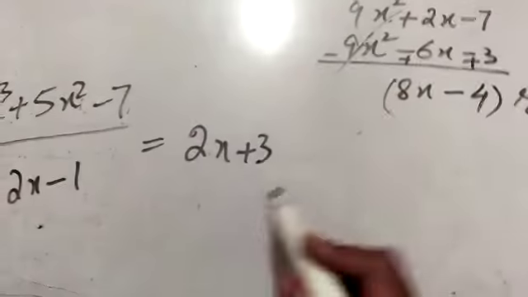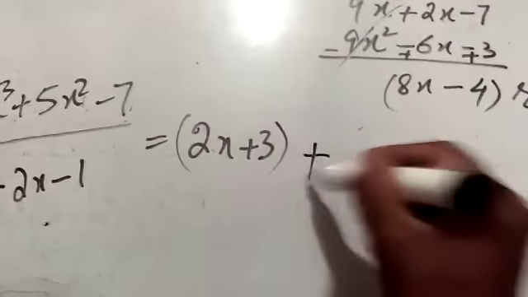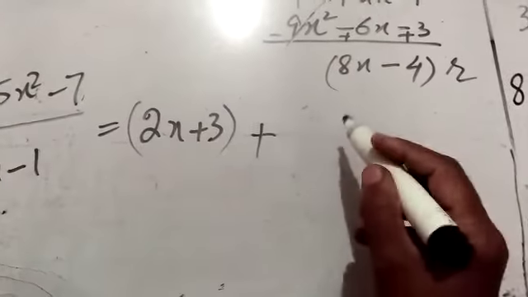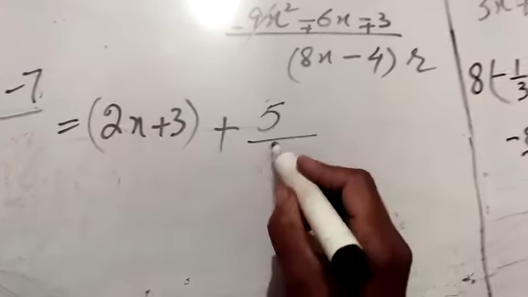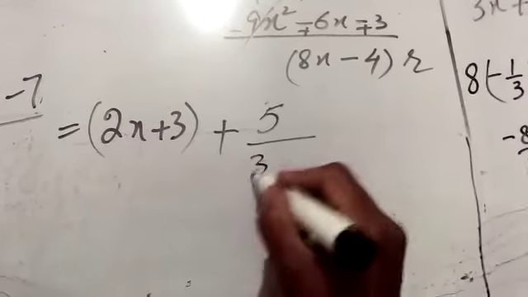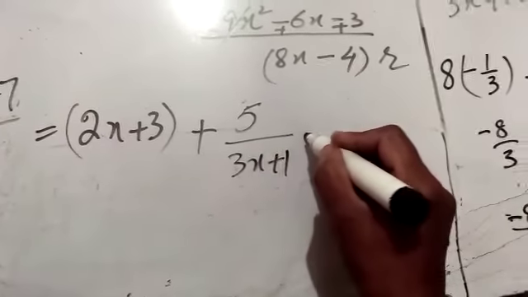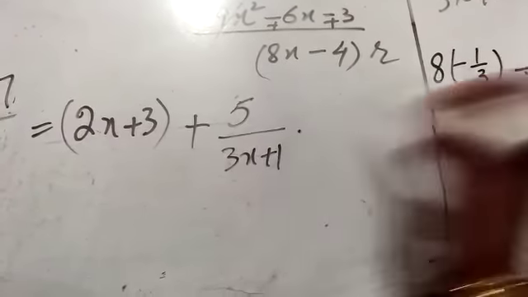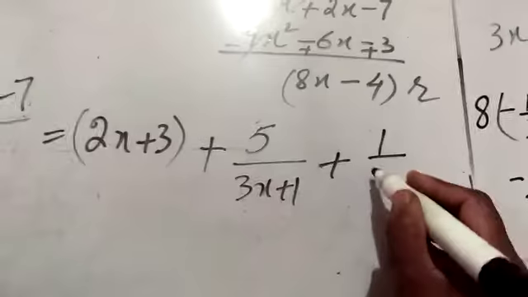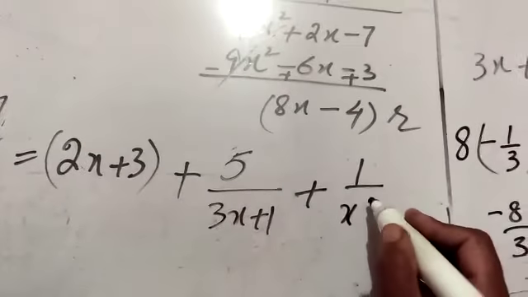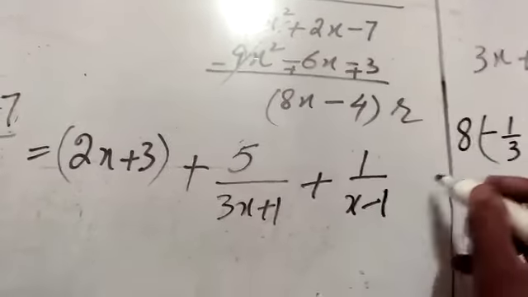We will write the quotient, then plus, the value of a is 5, so 5 divided by 3x plus 1, and the value of b is 1, so plus 1 over x minus 1.